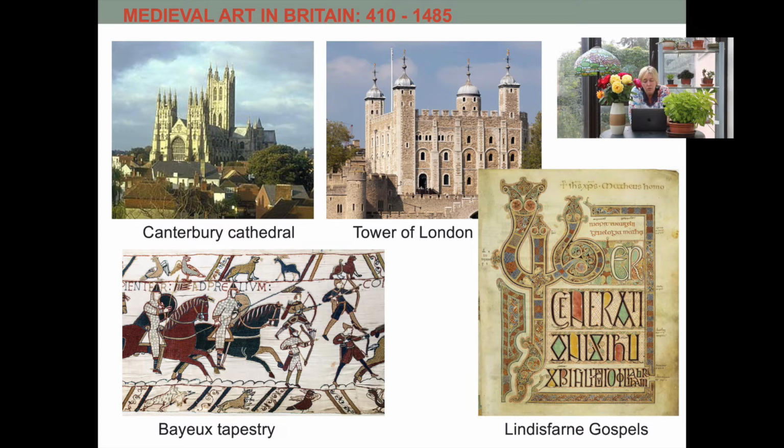If you look close, this is a decorated page with an initial, a very beautifully decorated first letter of the chapter of the New Testament. And if you look close, you can see it combines the Christian message with earlier, in this case Celtic, visual language.